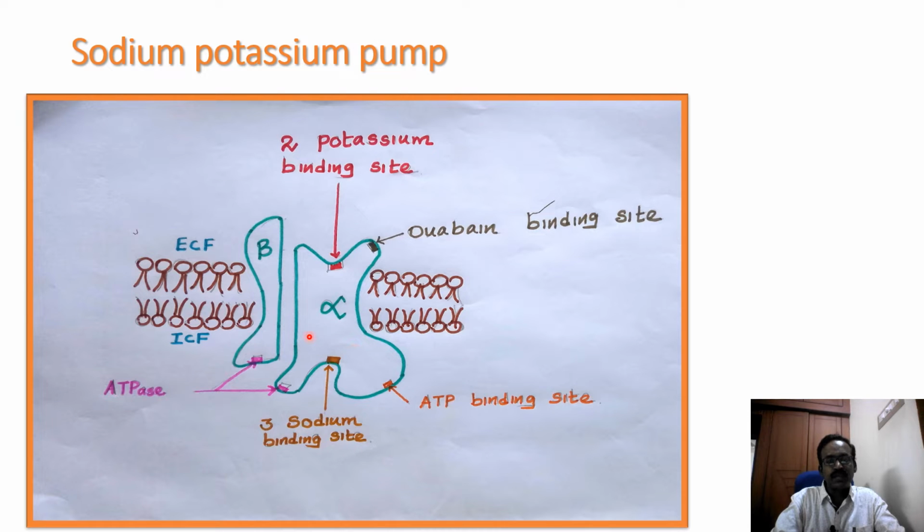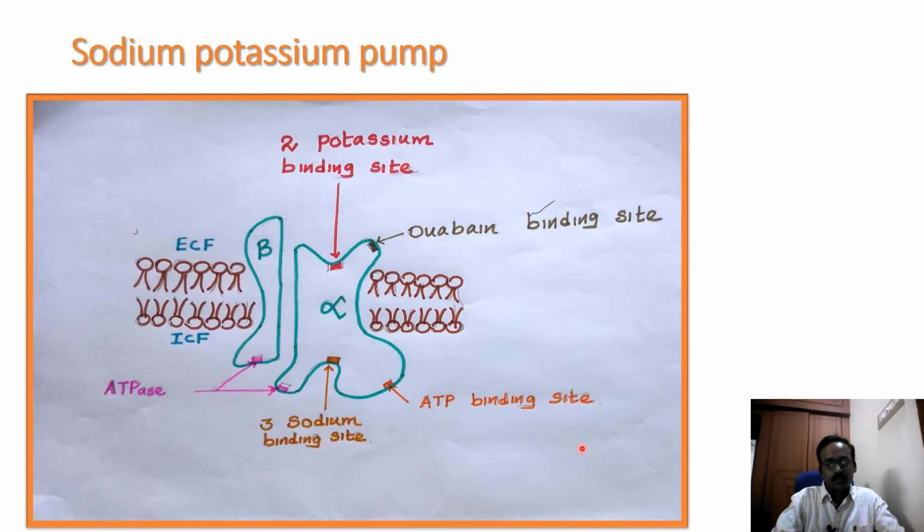The alpha subunit has, on the cytoplasmic side, 3 sodium binding sites and an ATP binding site, the ATPase binding site. In the same alpha subunit, on the extracellular side, there are 2 potassium binding sites.